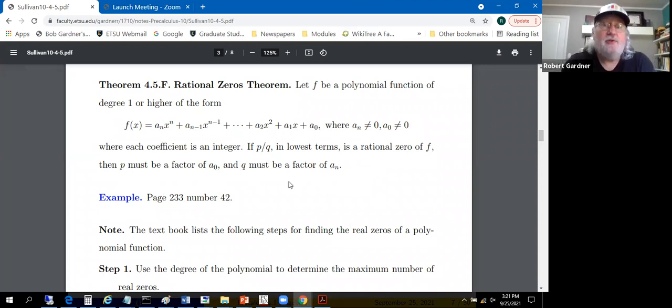So here's what we're going to do to use this. We'll find all factors of a sub 0. We'll find all factors of a sub n. We'll take quotients of them, and that'll give a list of possible rational zeros of a polynomial. We could then plug them in and see if they actually are zeros of the polynomial. And that could lead us to linear factors by the factor theorem.